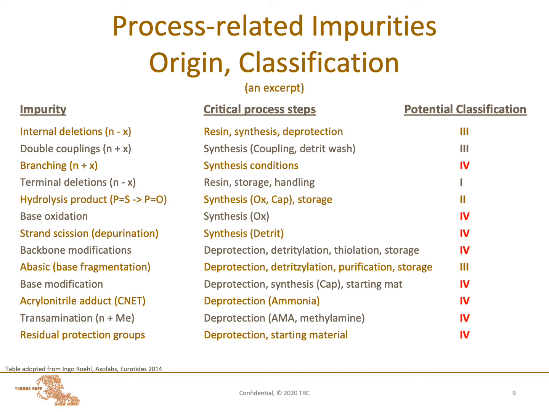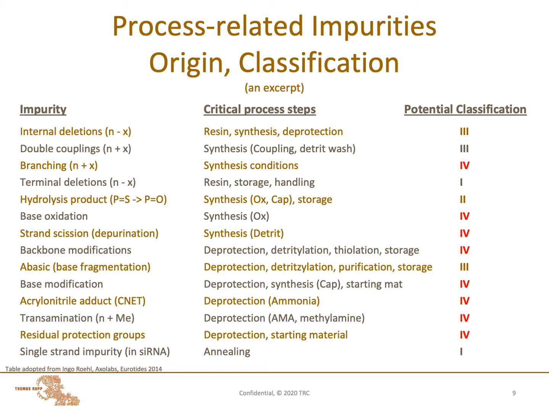Residual protection groups, especially the isobutyryl group on the G, which is the plus 70, happens due to incomplete deprotection, not well chosen deprotection conditions, or it's a modified starting material. Single strand impurities in siRNA happen during annealing, and that's a class 1 impurity.